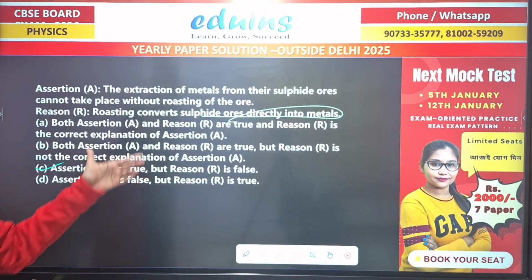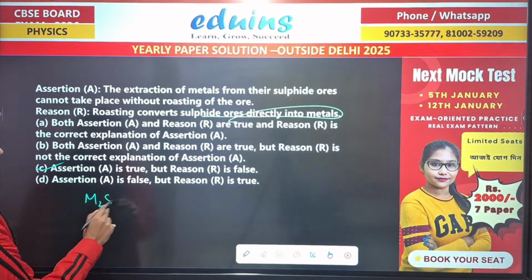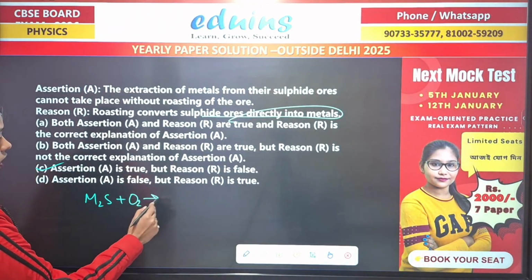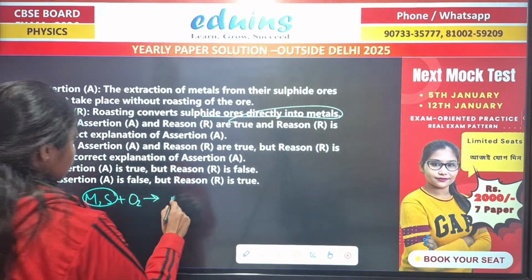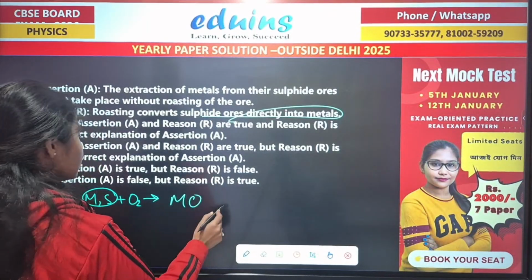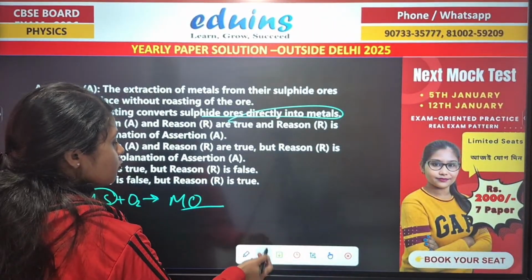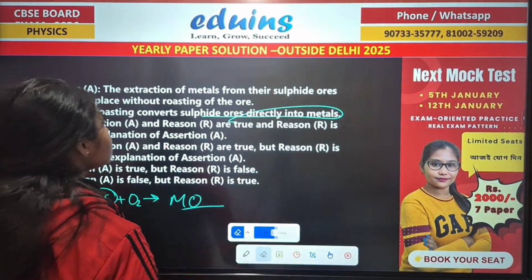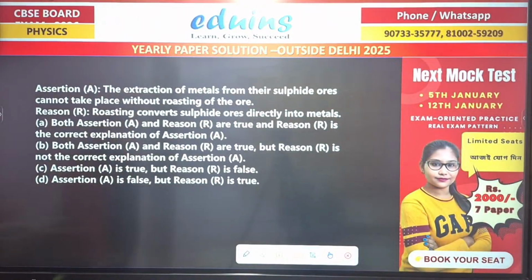So the metal after roasting becomes MO, and that's why the reason is not correct. So the assertion is true but reason is false. Okay, bilkul sahi. Divya, well done, very good.